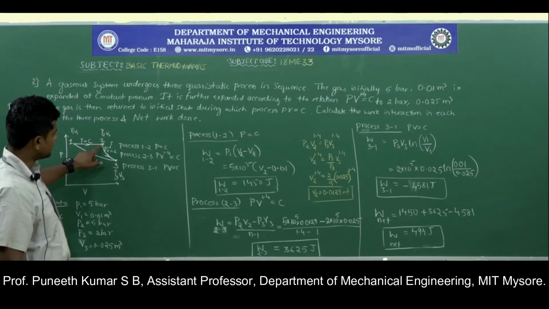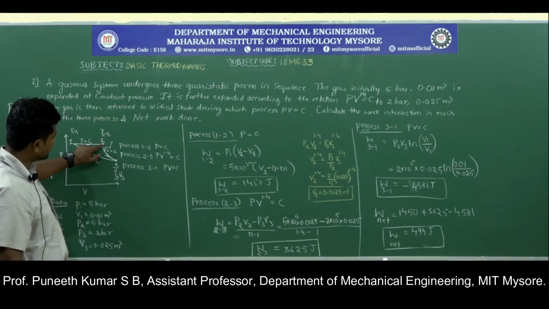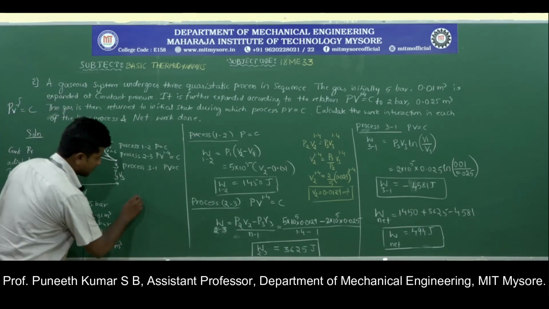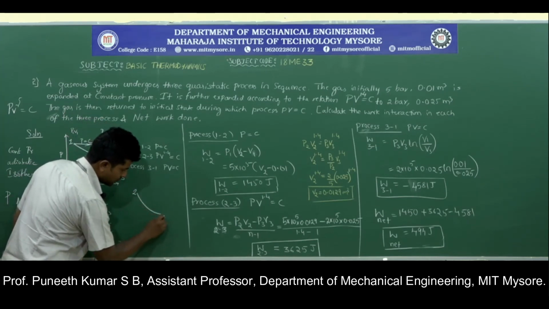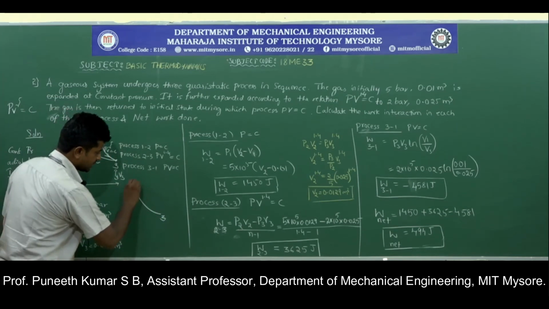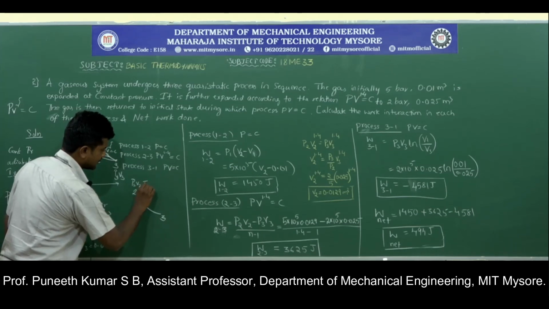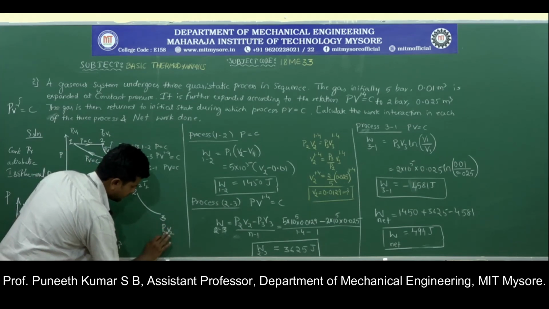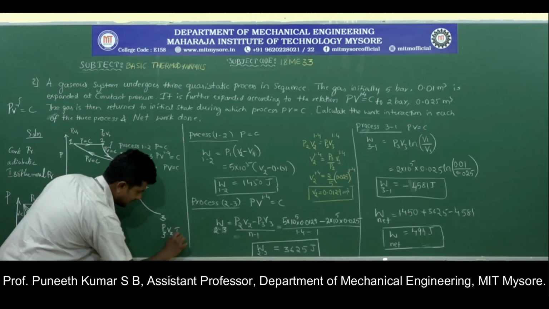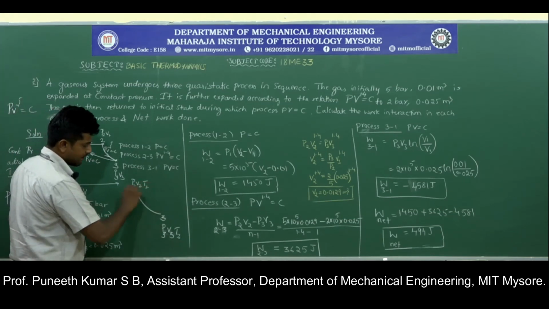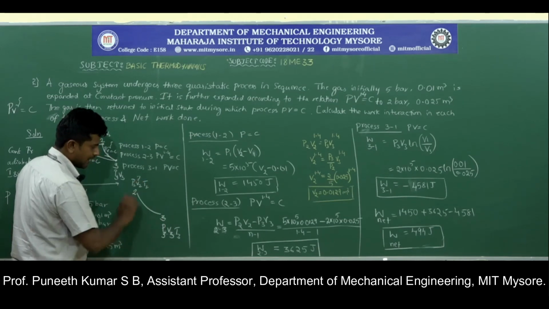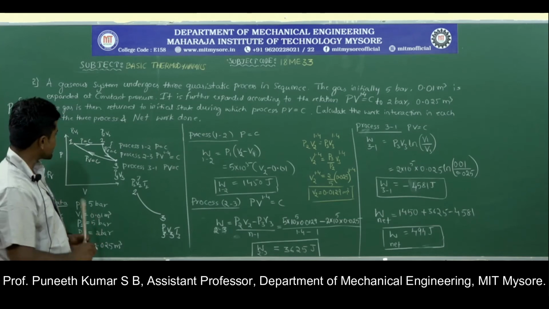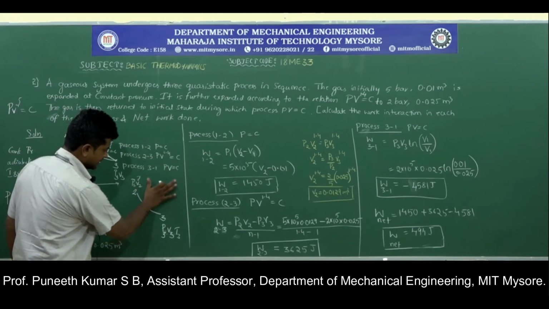Let me separate process 2 to 3. Generally here we have P2, V2 and T2, and here P3, V3 and T3, and if any one property is not known and all the other properties are known, then I can find this property. In this case the temperatures have not been given.